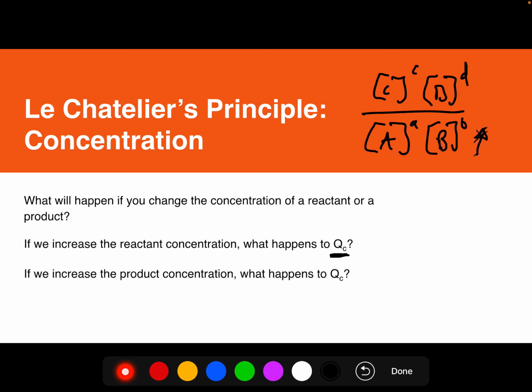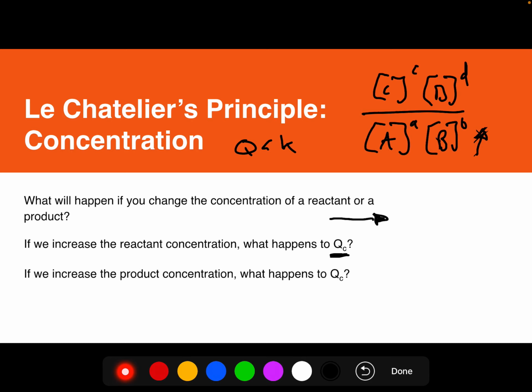So overall, if the bottom goes up, Q is now going to be less than K. If Q is less than K, to get to equilibrium, it's going to go toward the products. So if you increase the reactant concentration, Q goes down, so we're going to go toward the products.